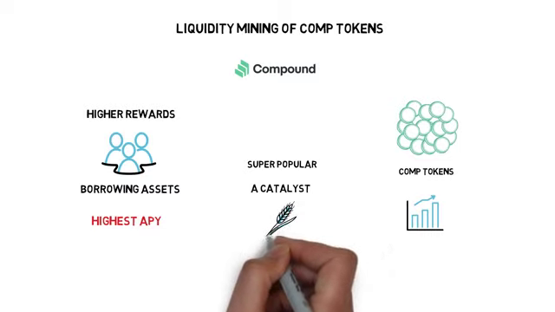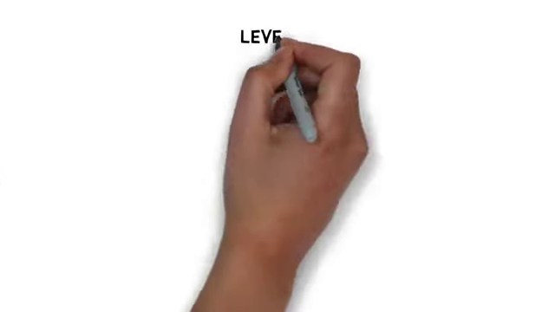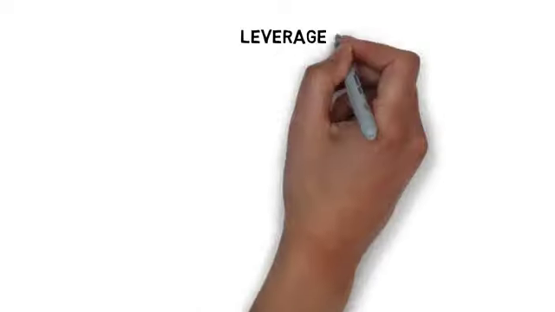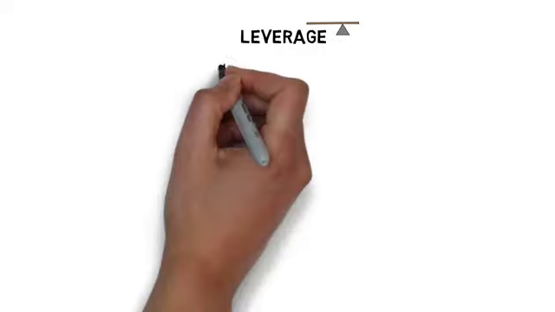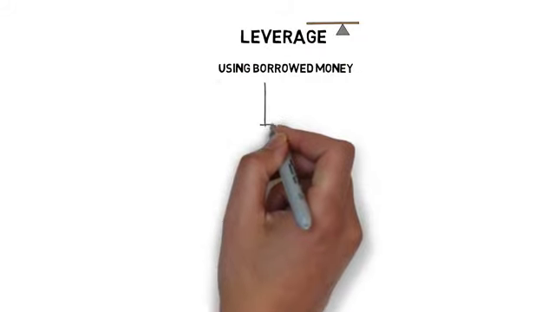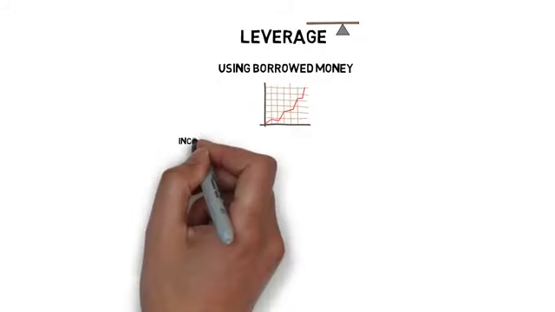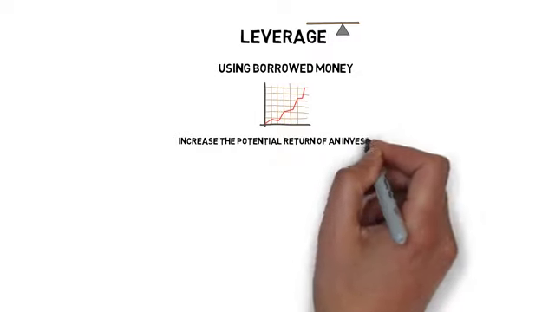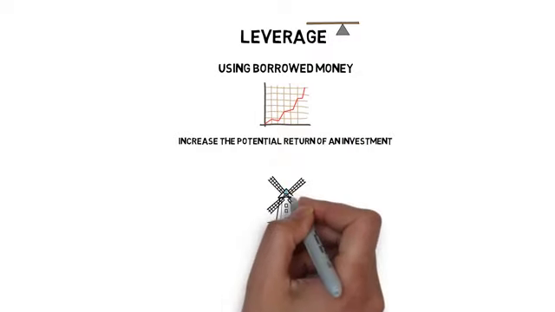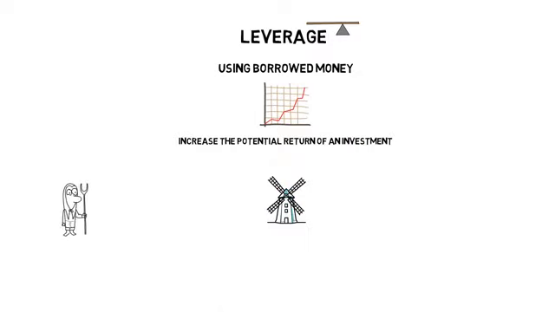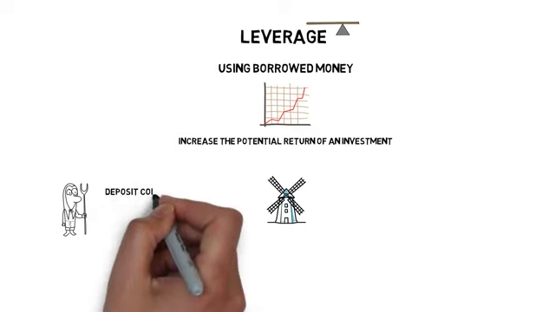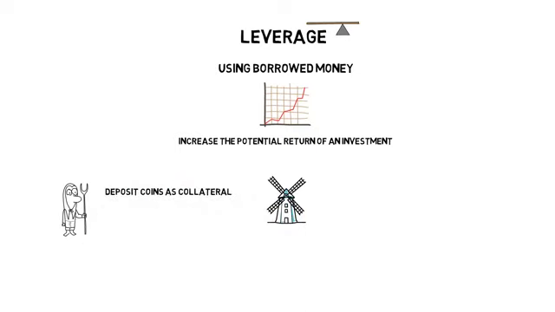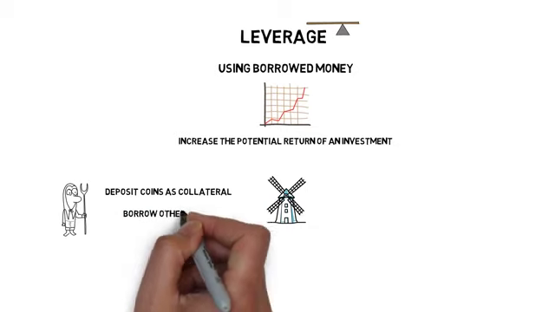Besides liquidity mining, leverage is another element that makes ultra-high returns possible. Leverage is a strategy of using borrowed money to increase the potential return of an investment. In the yield farming world, farmers can deposit their coins as collateral to one of the lending protocols and borrow other coins.